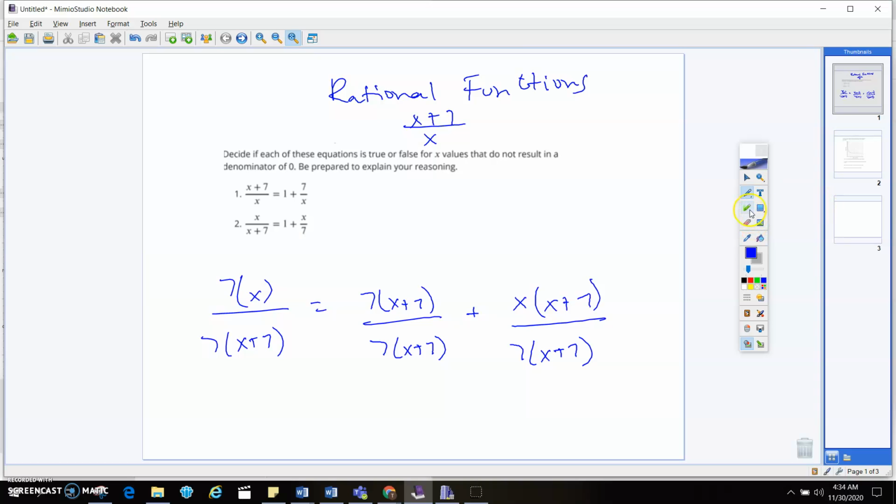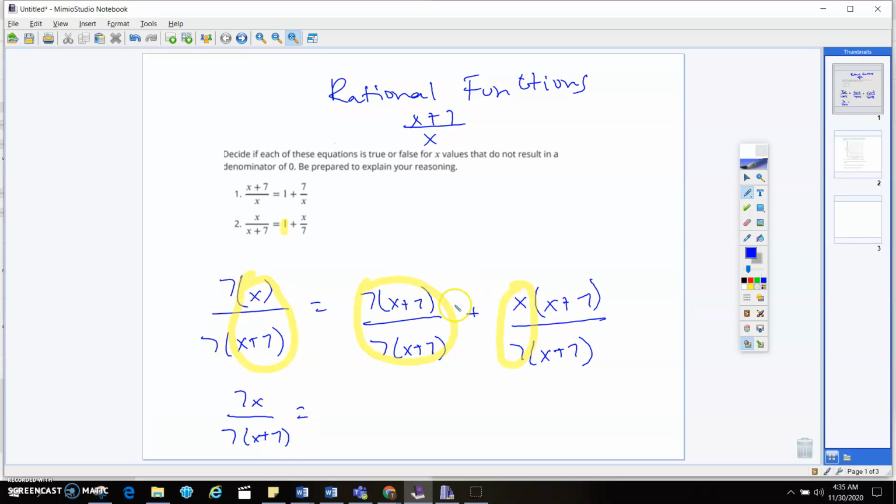So notice how this still is 1. This is still 1. And this still has that x over 7. And this still has that x over x plus 7. We just want everything to match up with all of the denominators. So I always take my denominators and multiply them out. Now I'm going to make this look not so ugly. So over here, I'm going to have 7x over 7 times x plus 7.